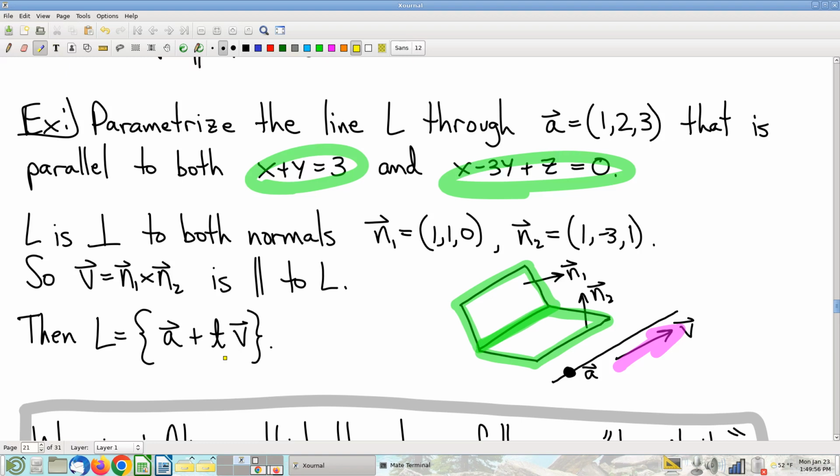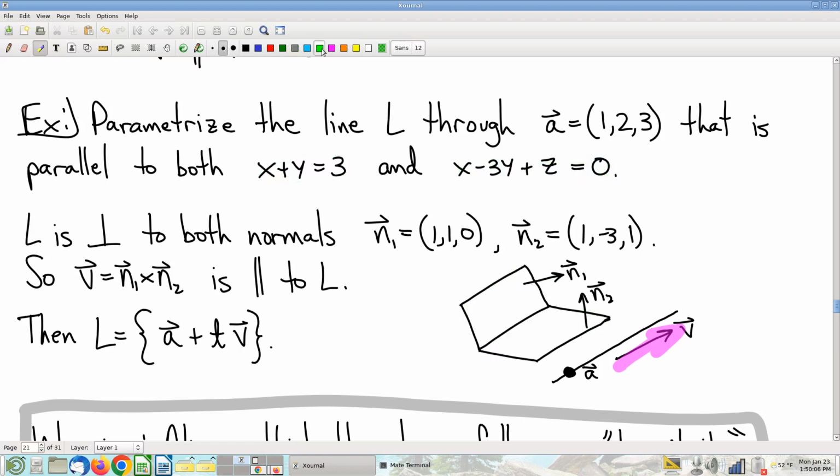Everybody good with that? And then likewise, it's also going to be perpendicular to that other normal vector. So conveniently, this vector v needs to be perpendicular to two vectors that I can immediately read off from the given equations. I can immediately read off those normal vectors, n1 and n2, from what I'm given.